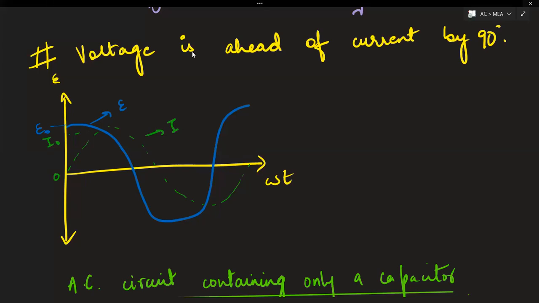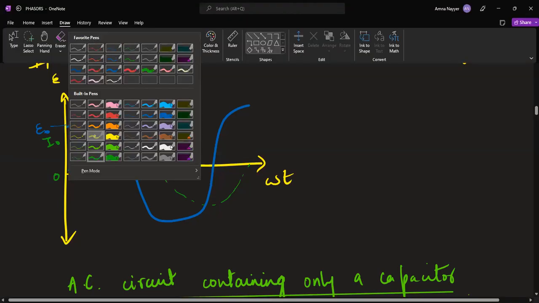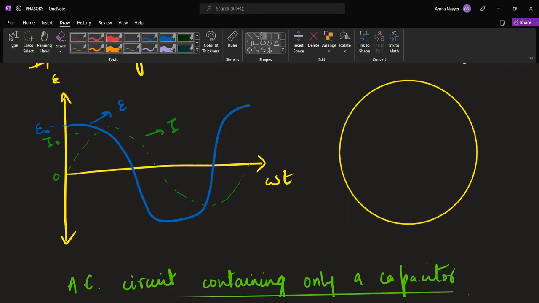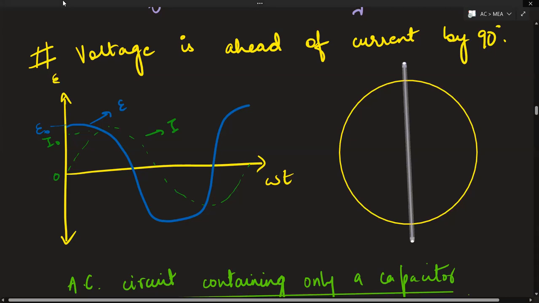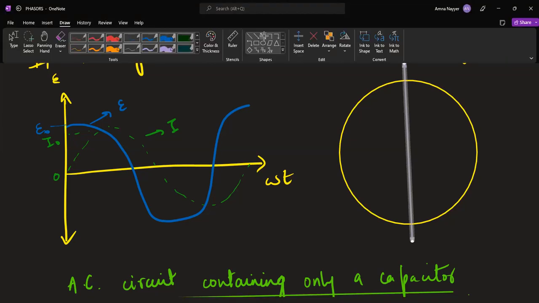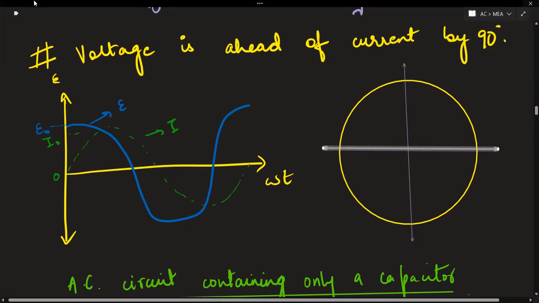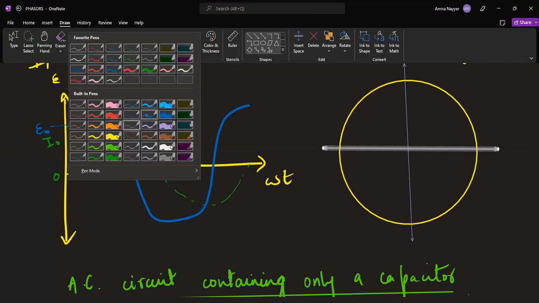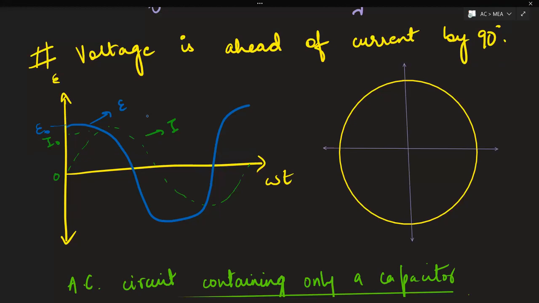Even if you wish to draw this in the phasor diagram, see how you will draw it. The phasor diagram will be drawn like this. These will be the axes. EMF is leading, so somewhere here the EMF will be.